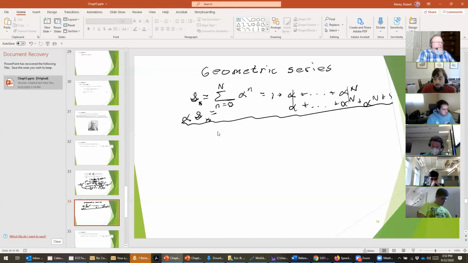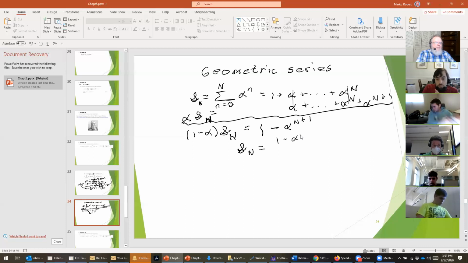We get 1 minus alpha times S sub n, my n's are terrible here, equal to 1 left over, minus alpha to the n plus 1. So the summation of n terms is equal to 1 minus alpha to the n plus 1, over 1 minus alpha.